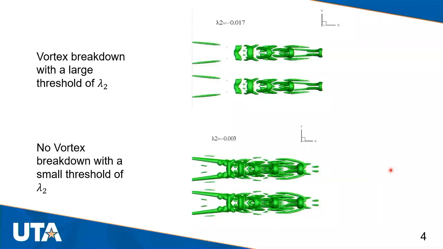I think Dr. Liu also mentioned it yesterday. If you choose a large threshold, the vortex looks like it breaks down. If we choose a small threshold, the vortex looks continuous. That is a man-made issue, an artificial issue, so we would like to try to avoid it in the research.